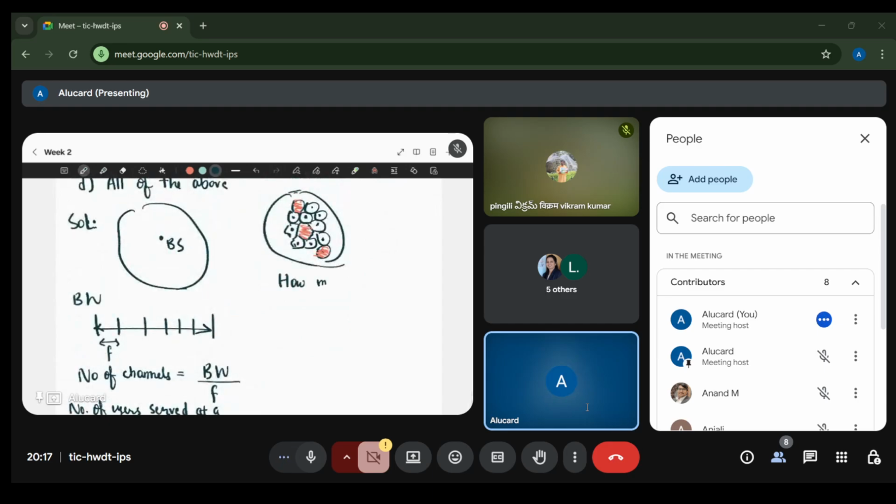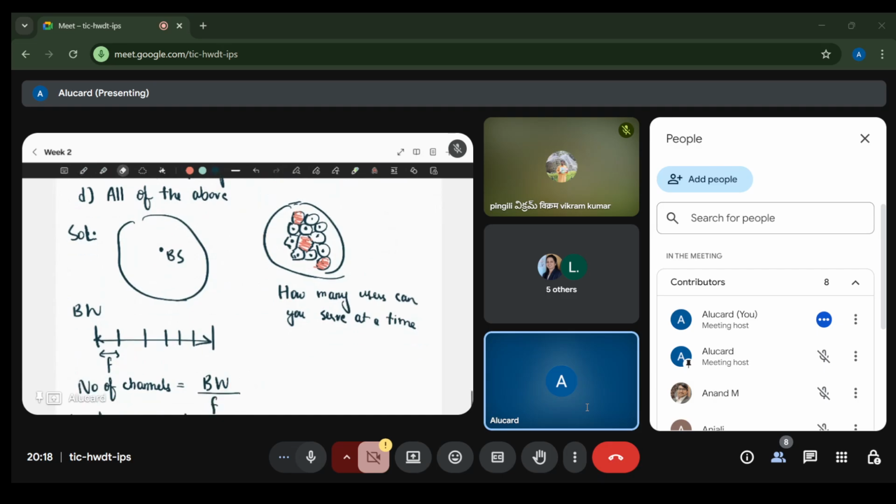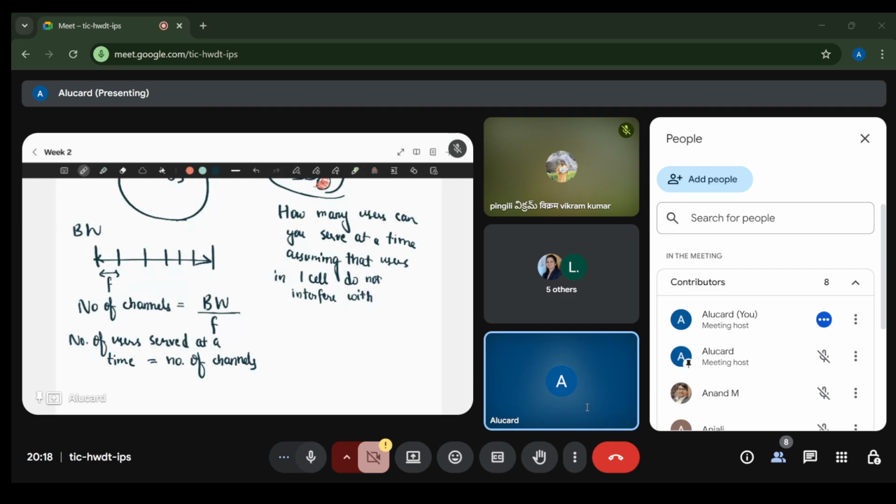Here, how many users can you serve at a time, assuming that users in one cell do not interfere with other cells using the same frequency?